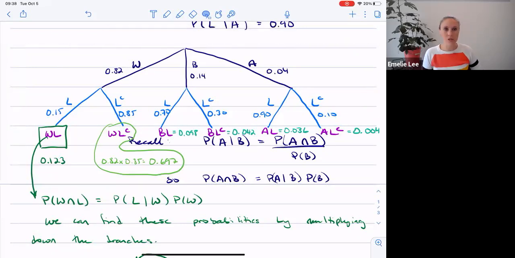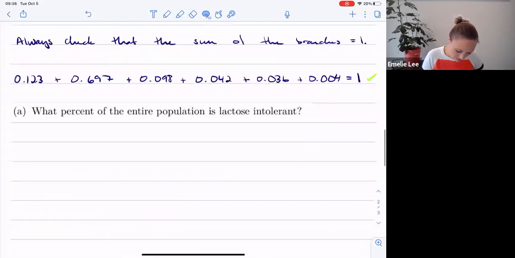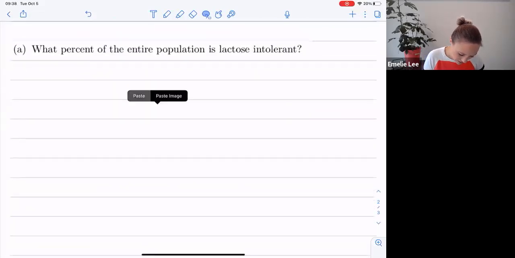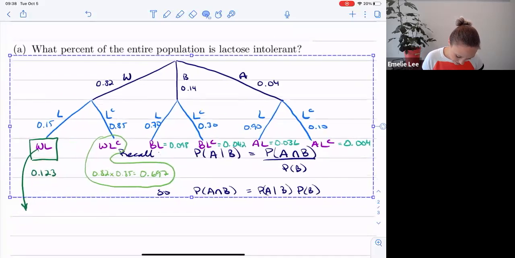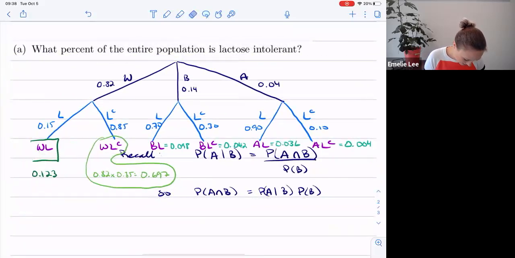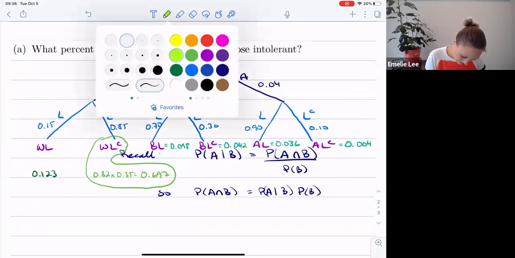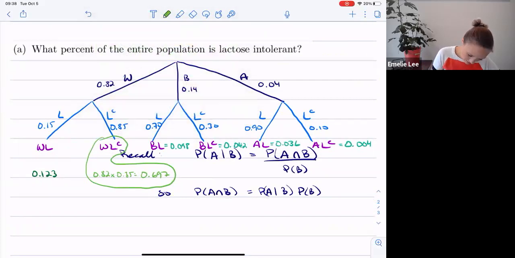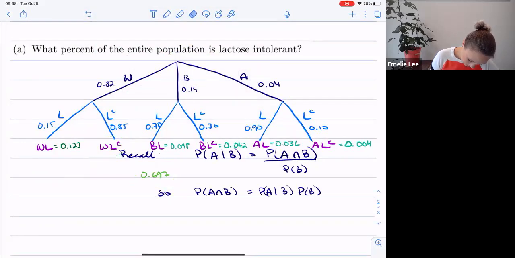You can just use yours, but I just don't want to be scrolling back and forth so much. And I am going to eliminate quite a few elements here. So I'm going to paste this and remove this and say 0.123, remove that, 0.697, sorry.